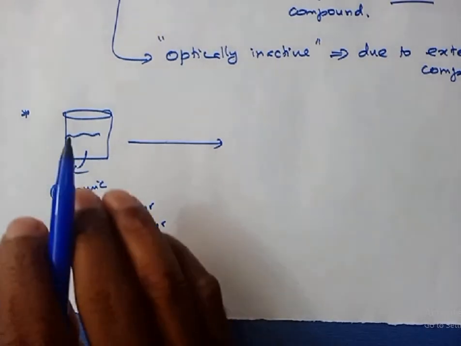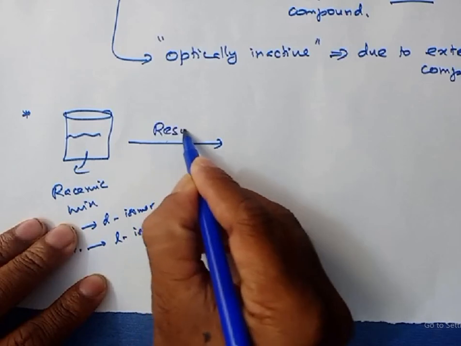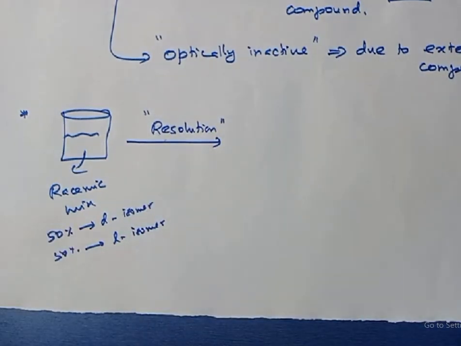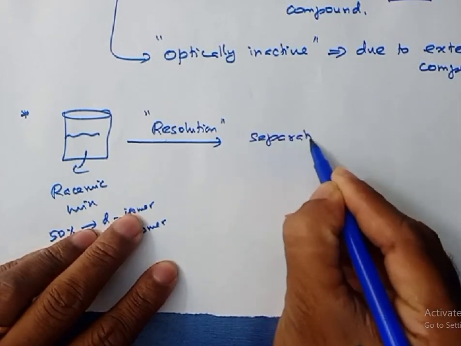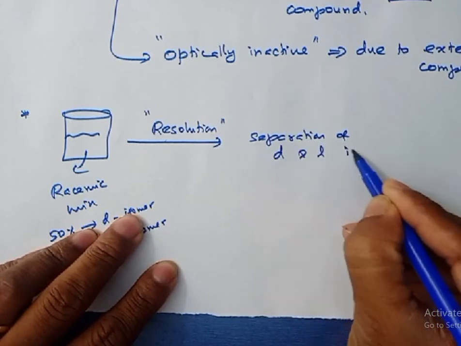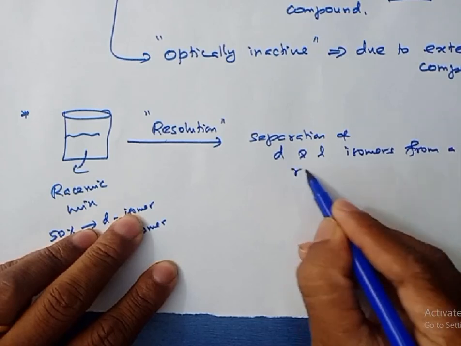This separation is what we call resolution. Resolution means it is the separation of D and L isomers from a racemic mixture.